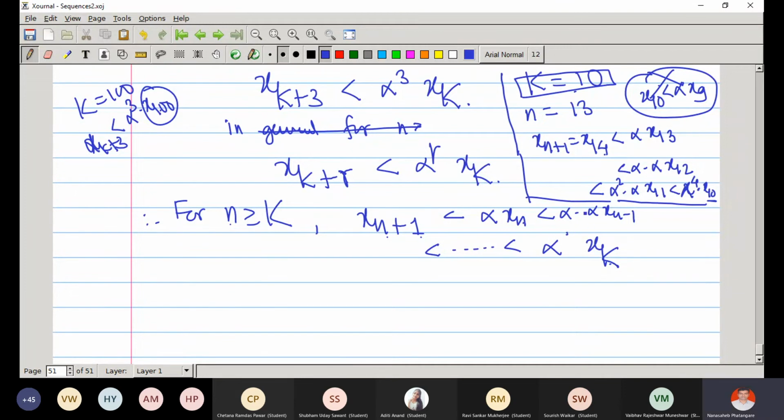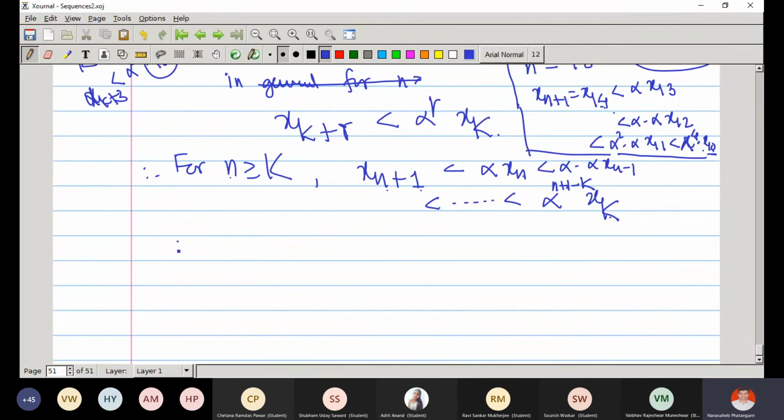What is the power of alpha? 14 minus 10, that is the power of alpha, because k is 10. So what is the power of alpha here? n plus 1 minus k.